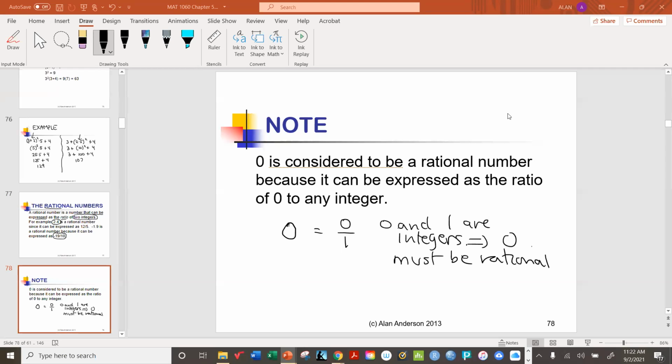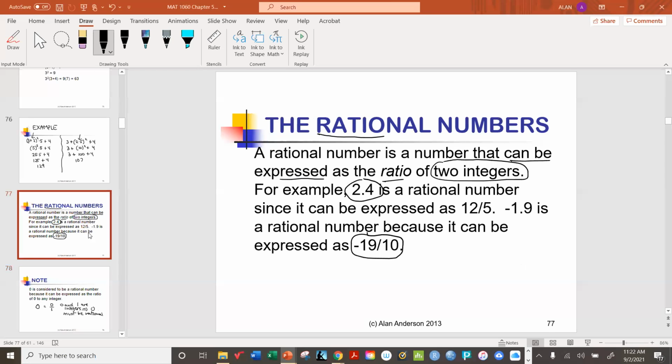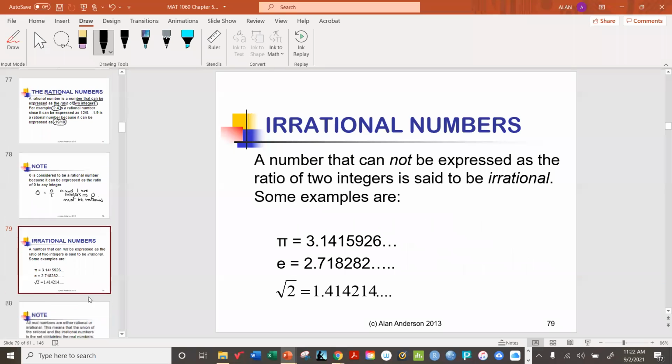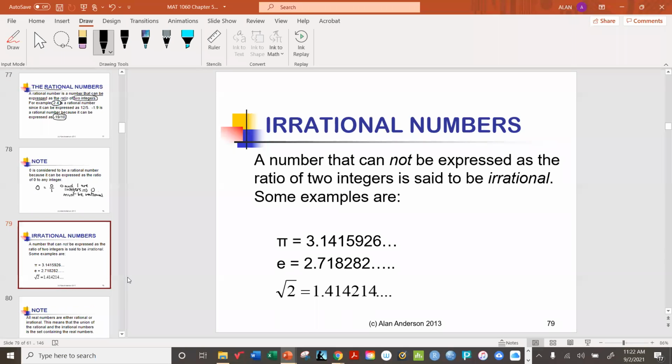Irrational, exactly. Irrational is the opposite of rational. So if there are rational numbers, there must be irrational numbers. How do you suppose we're going to define irrational numbers then? Well, if a rational is the ratio of 2 integers, an irrational number is one that is not expressed as the ratio of 2 integers.